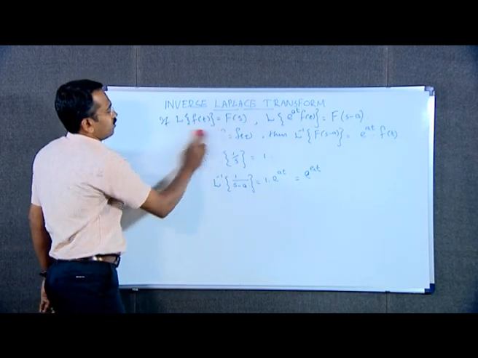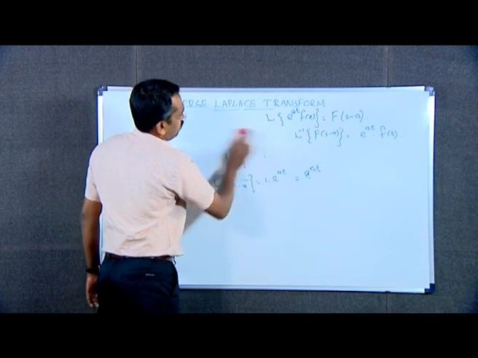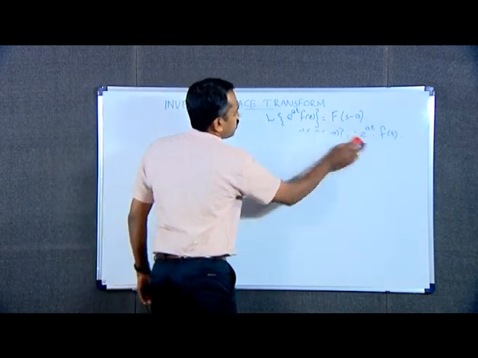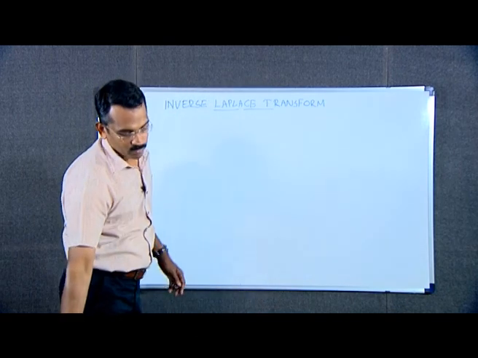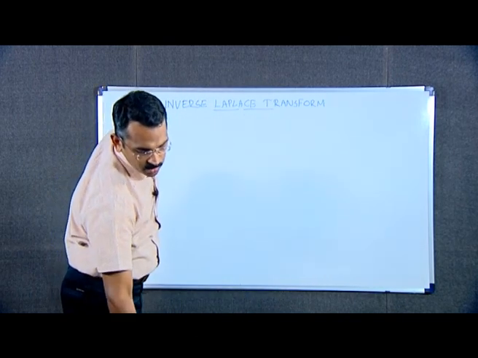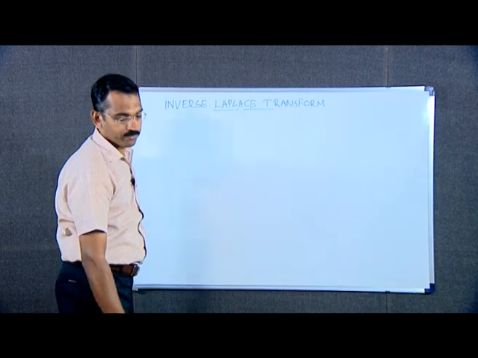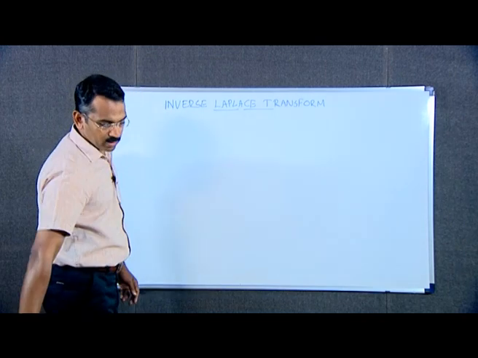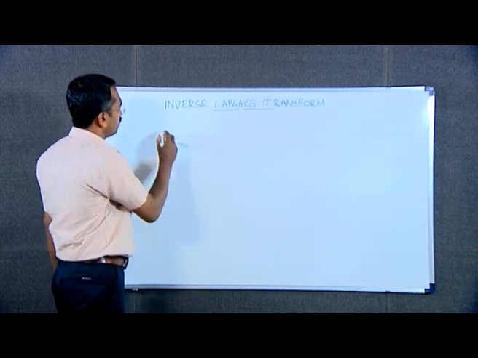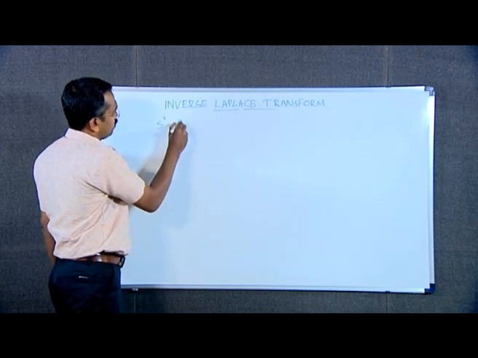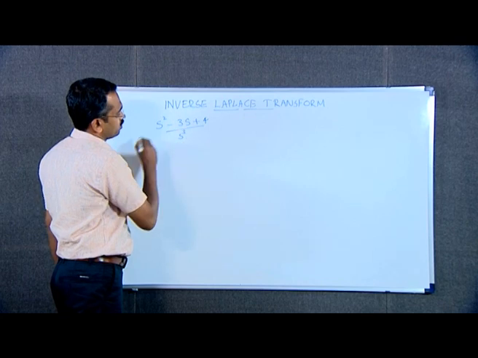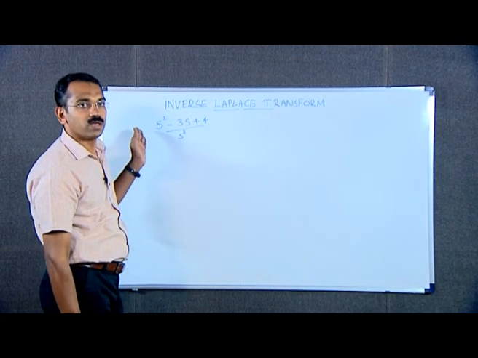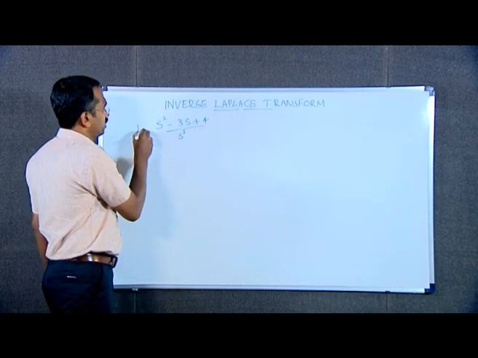Now we have to do some examples. First one is: find the inverse Laplace transform of s square minus 3s plus 4, all divided by s cube. We have to find the inverse Laplace transform of this function.